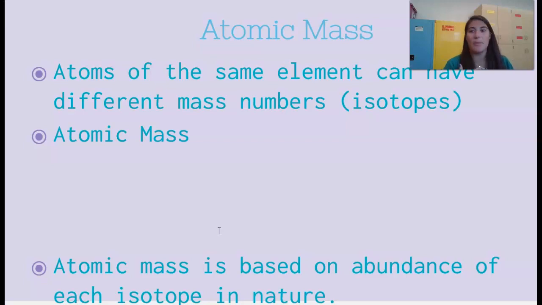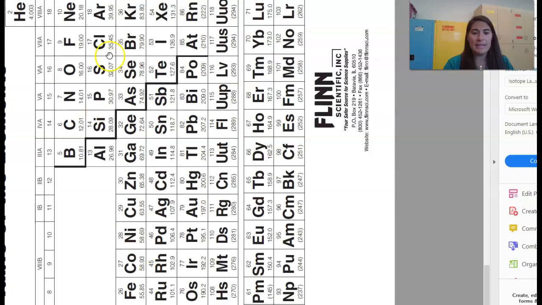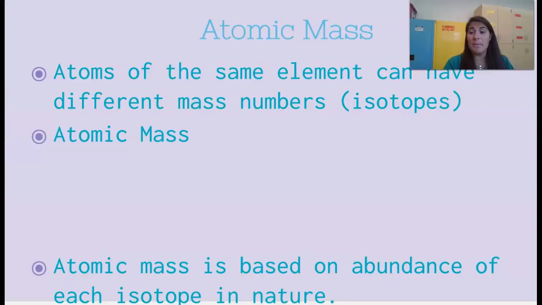We keep talking about carbon 12 versus carbon 14, but it's not an actual average. If you look at this periodic table, the atomic mass is 12.01. That's pretty close to the number 12. That is because carbon 12 is much more common than carbon 14. So again, it has to do with abundance.